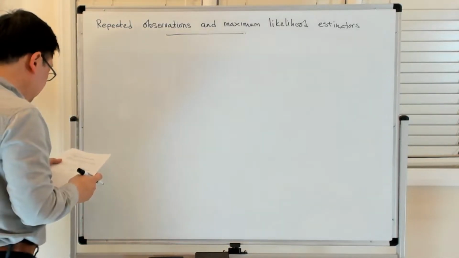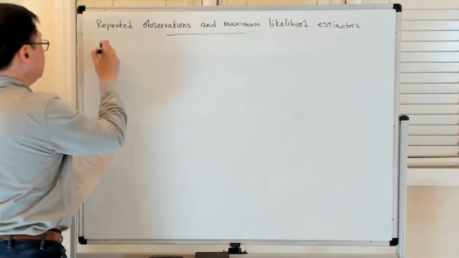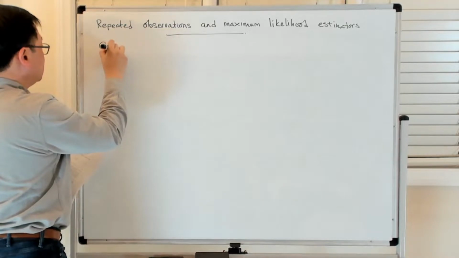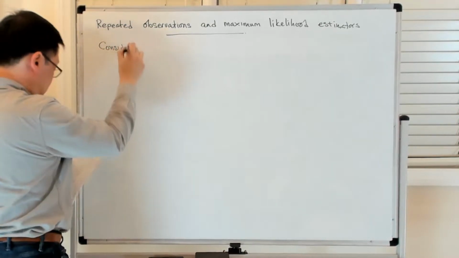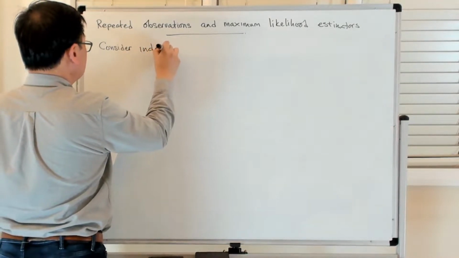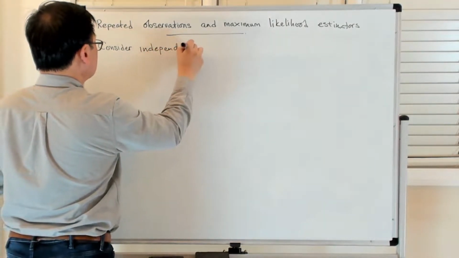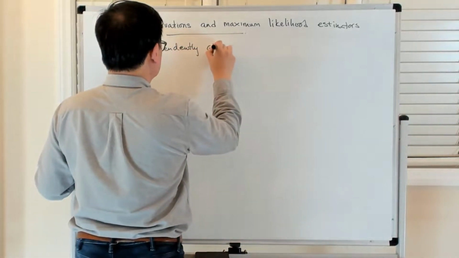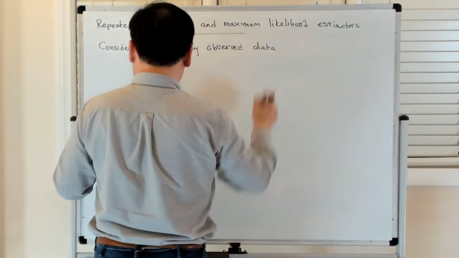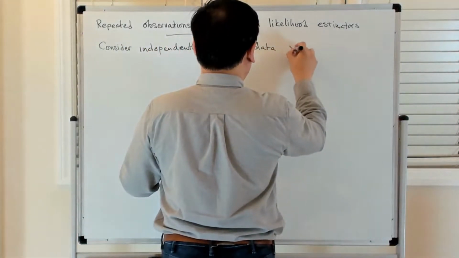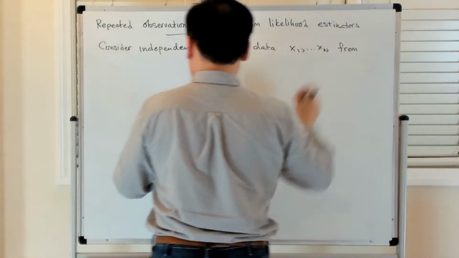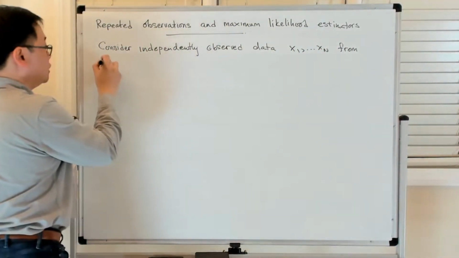So you consider independently observed data. Let's call that x1 to xn from the same probability distribution.